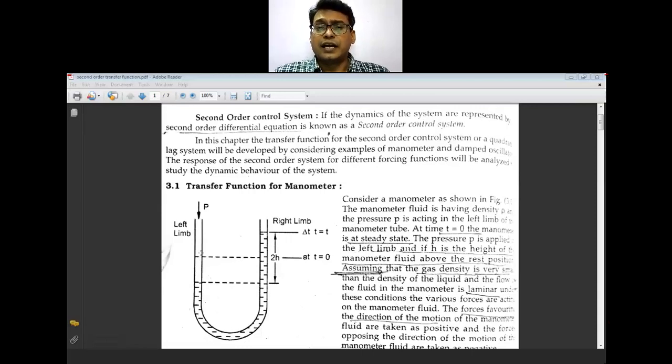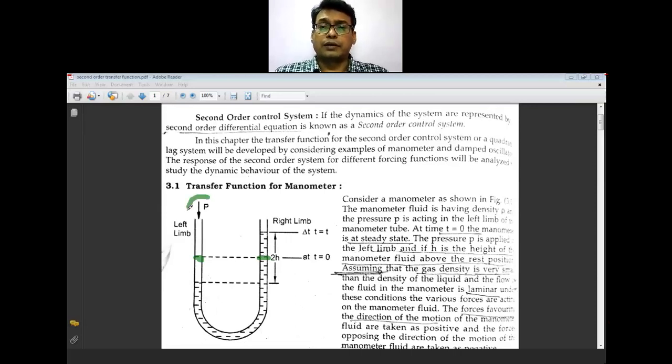Initially, both the limbs will have the same liquid, so the liquid height in the limbs will be the same initially.